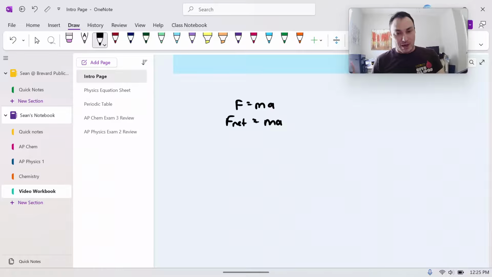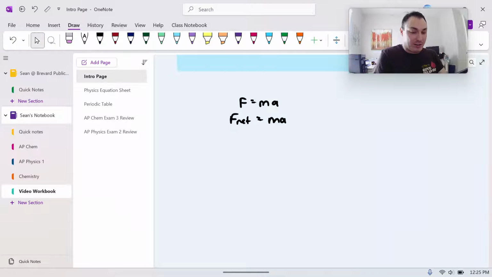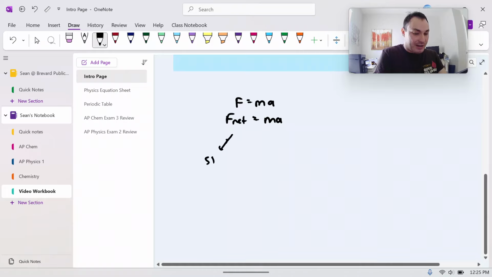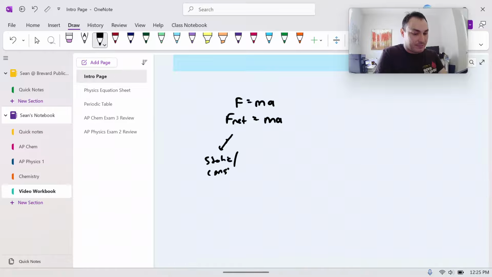This equation behaves differently in one of two situations: if our system is static, meaning not moving, or if it is in constant velocity. That means acceleration is equal to 0, which means F net is equal to 0.